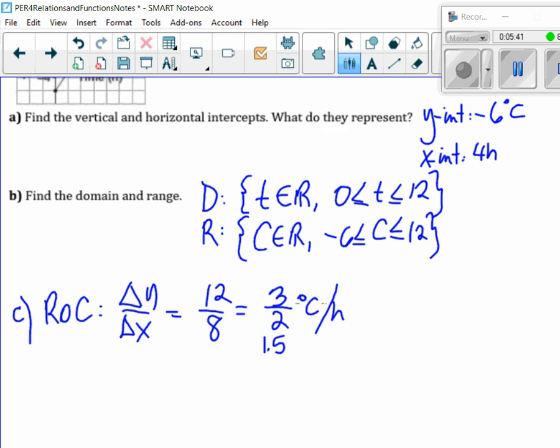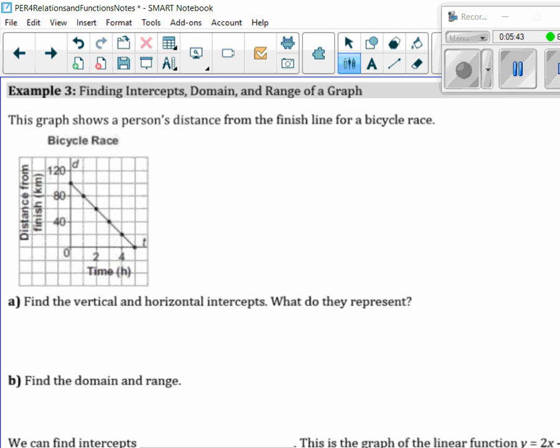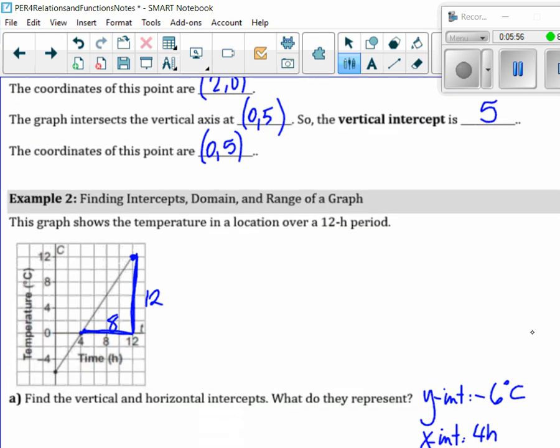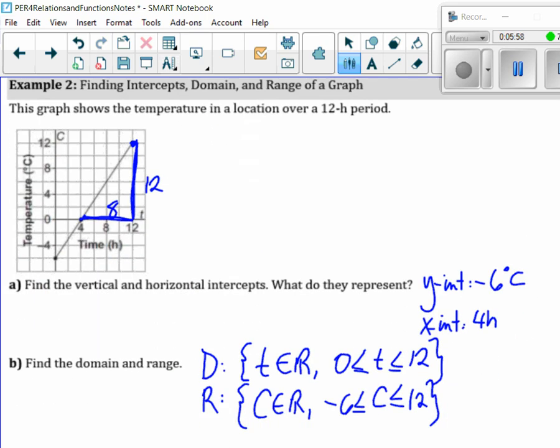Okay, moving on. The graph shows a person's distance from the finish line for a bicycle race. What are the vertical and horizontal intercepts? What do they represent? Well, on the last one, what does the negative 6 degrees Celsius represent?